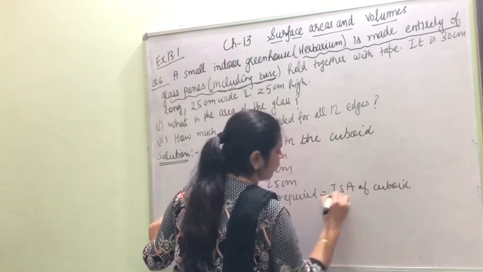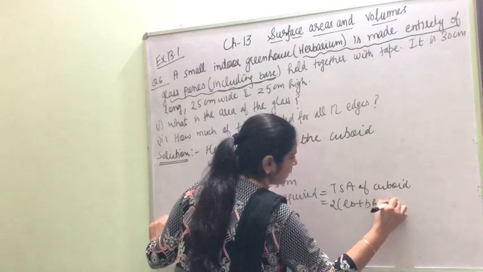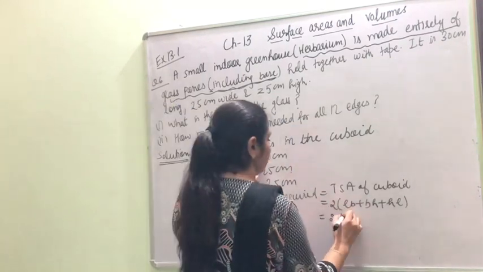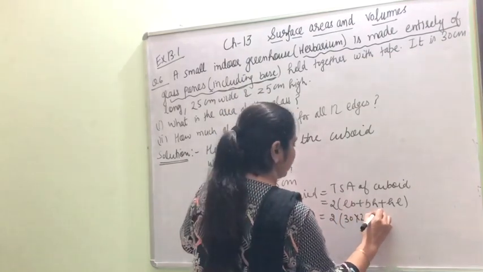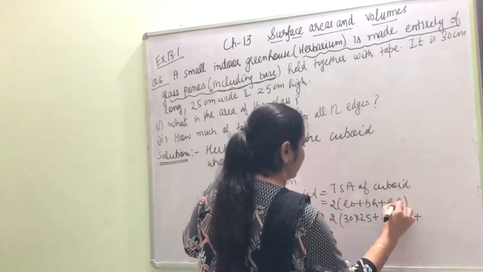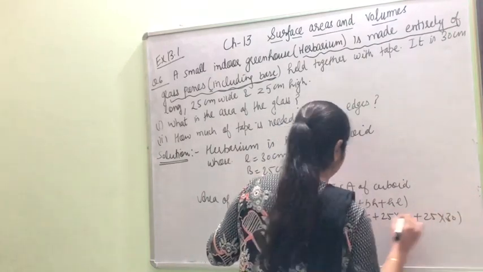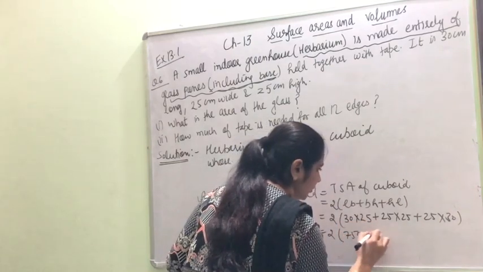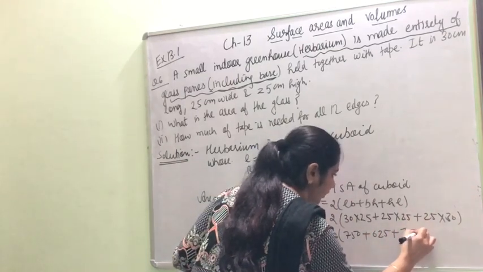We'll apply the formula of the total surface area, 2 times LB plus BH plus HL. We'll substitute the value of the given dimensions. L is 30, 30 into 25, B is 25, again B is 25, H is 25, H is 25, L is 30. Substitute the given value. 25 into 30, 750, 25 into 25, 625, 25 into 30, 750.